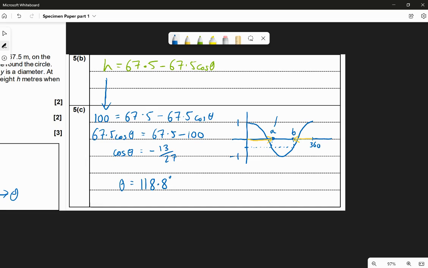So that's that angle. So to find the other angle, I just do 360 minus 118.8. So the other solution, both to one decimal place, is 241.2 degrees. Okay, so those are the two solutions.